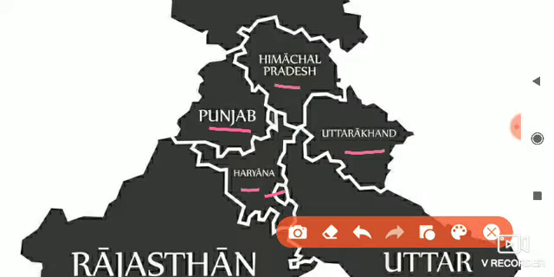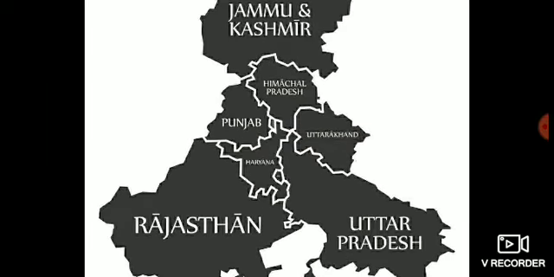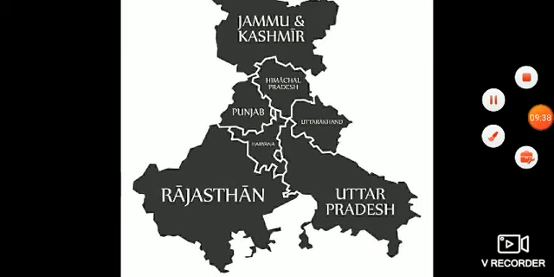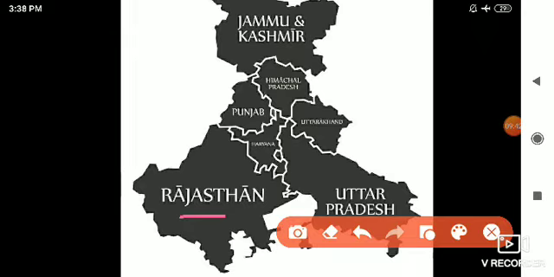And you have to mark this. It is Delhi. And this is Rajasthan. Rajasthan and Uttar Pradesh. Okay, you can write it using your pencil.